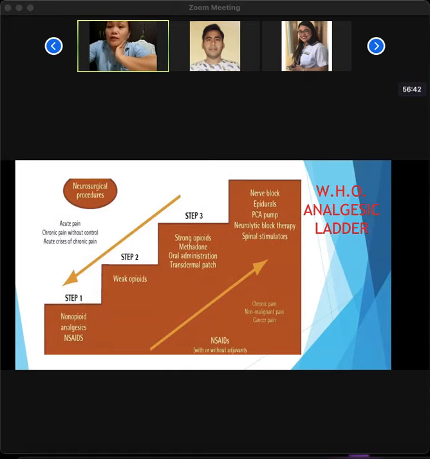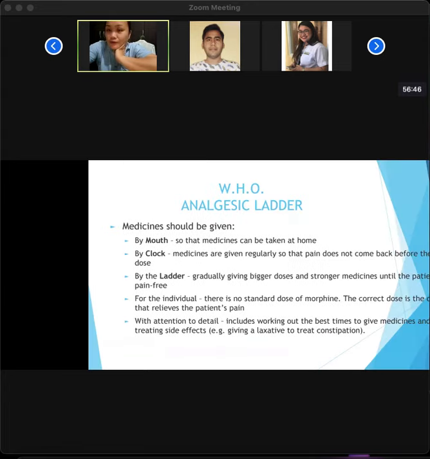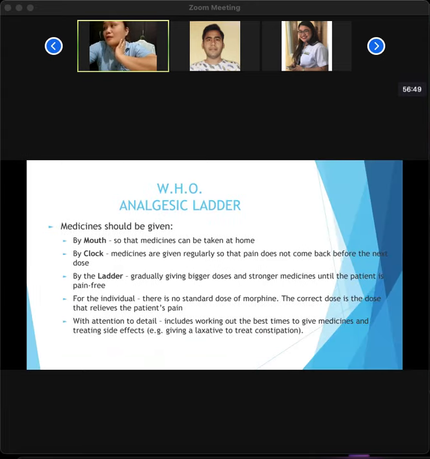So, according to WHO, medicine should be given by mouth so that the medicines can be taken at home. And by the clock, so it should be regularly taken. And by the ladder. Especially for chronic pain, you gradually give bigger doses and stronger medicines until the patient is pain-free.